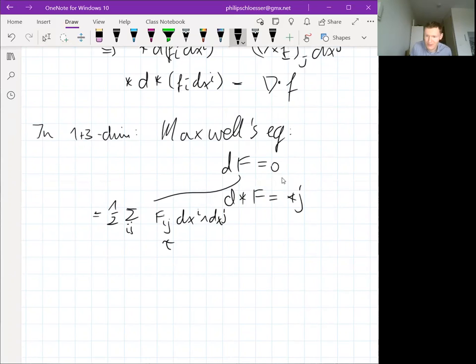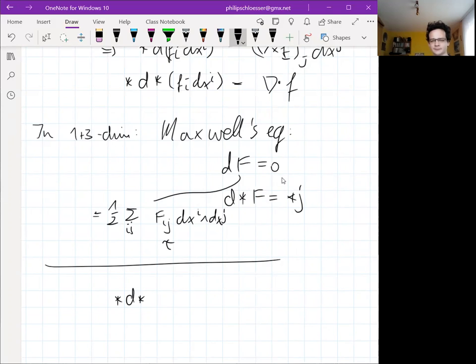And another fun thing, if we take our expressions from above, we had that star d star acts like the divergence, and d itself acts like the gradient, so we can take the divergence of the gradient, and for good measure we can also take the dual of that.